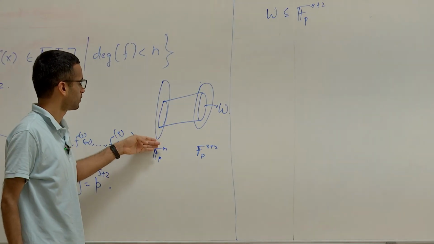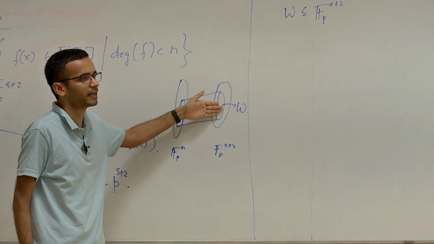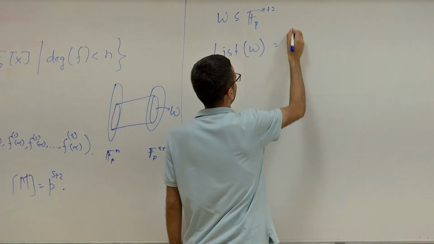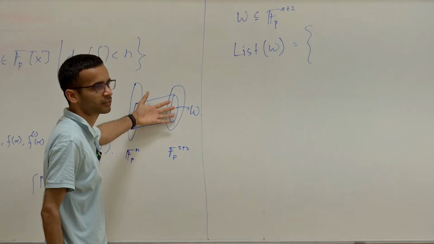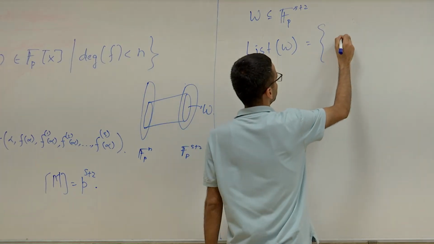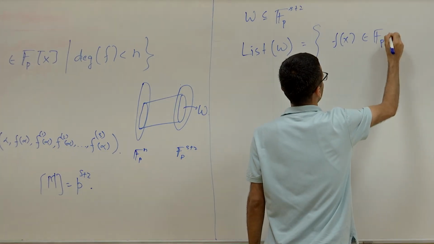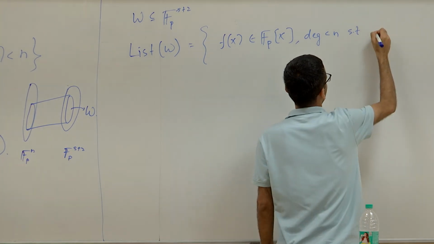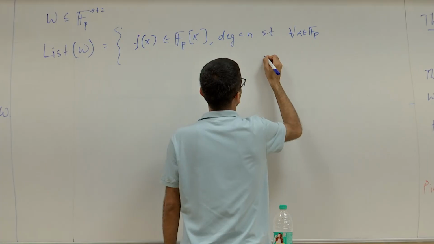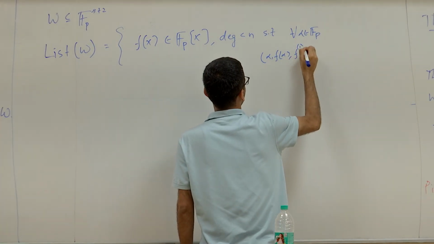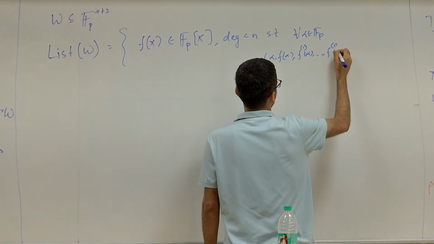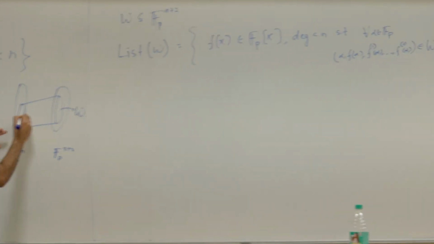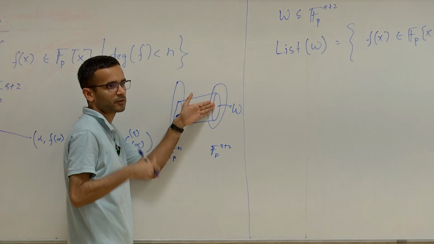And we want to look at the set of polynomials, set of vertices on the left such that their entire neighborhood is contained inside W. So let's call it the list of W, the set of vertices on the left such that their entire neighborhood is contained inside W. In this description, we can write this as the set of polynomials f in F_p adjoin x, degree less than n, such that for every alpha in F_p, (alpha, f(alpha), f_1(alpha), ..., f_s(alpha)) is contained in W. These are all polynomials on the left such that all of their edges land them inside the set W.